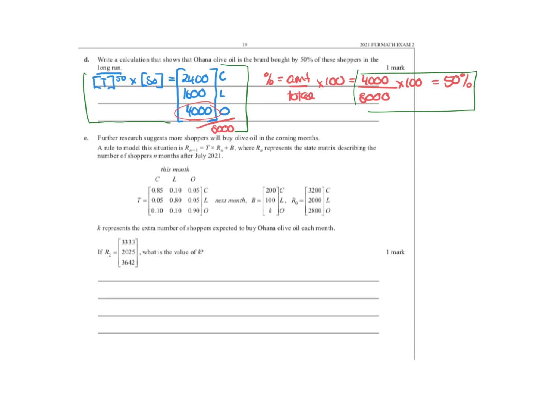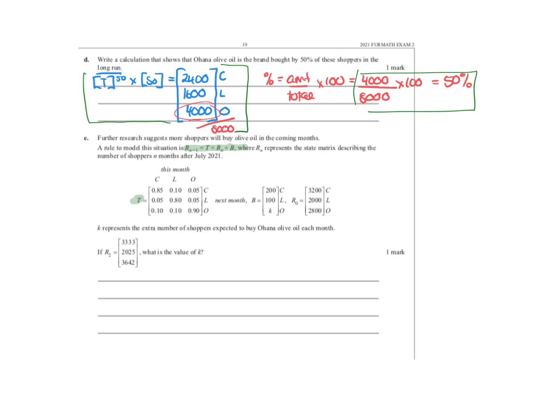Okay, further research suggests that shoppers will buy olive oil in the coming months, a rule modelled by this situation. So how we're going to get the next state is we'll use this rule, which means we're going to use the transition times the state before, which they're calling R, plus this B. Remember, when we use the B, we can't use any power tricks here.